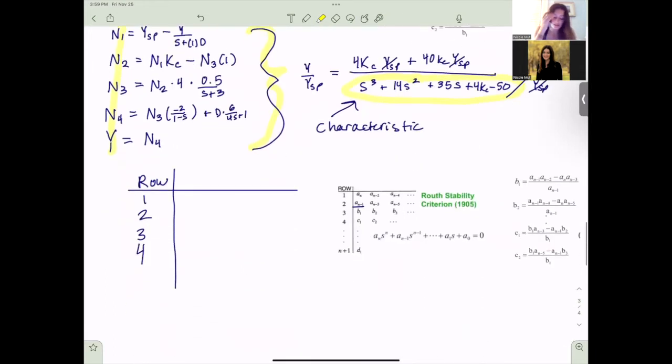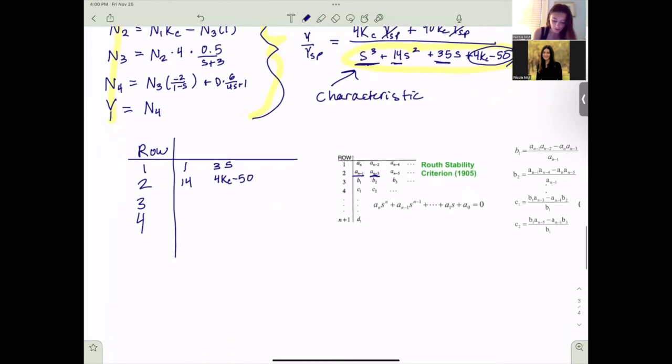Looking at this characteristic equation, we can start filling in our Routh array. In the first row, we want to find a_3, that's going to be 1. We have a_(n-2), which in this case is a_1, that will be 35. For a_2, that's 14. And a_0 is this constant here, 4Kc minus 50. These next two rows get a little bit more complicated, so I'm going to solve them off to the side.